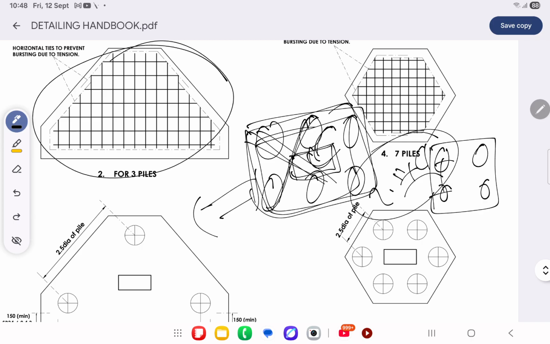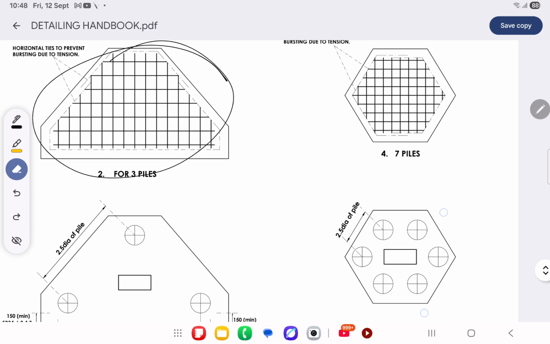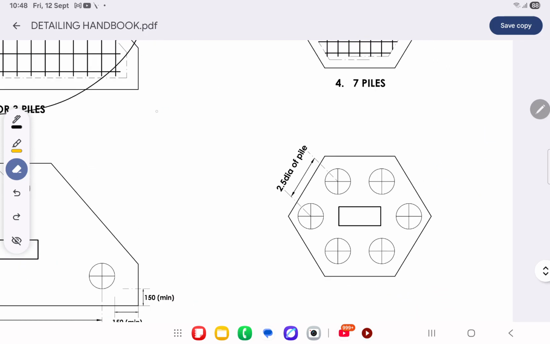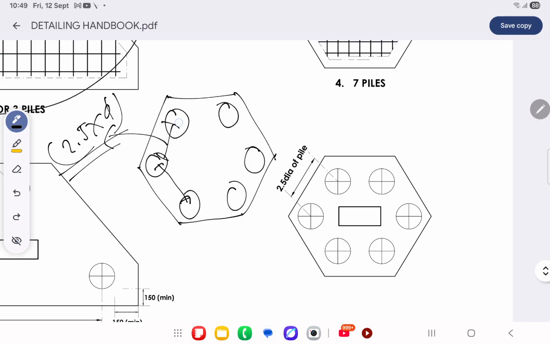So in the case of 6 piles, the shape of the pile cap should be like this, and just provide piles here and here. The distance between each pile, center to center, should be 2.5 times the diameter of the pile, and in between we provide the column.